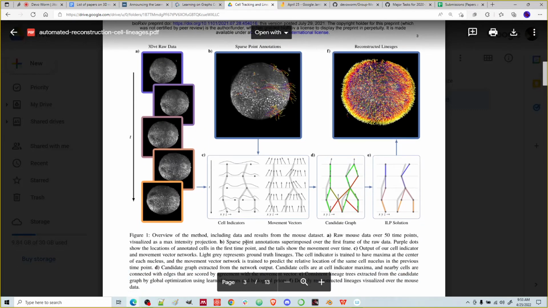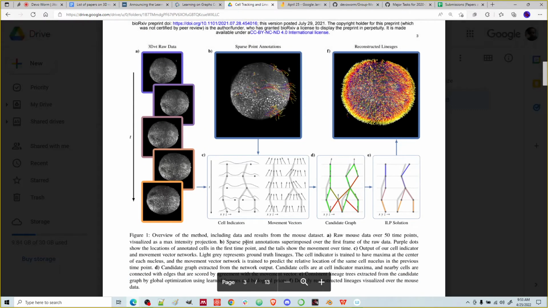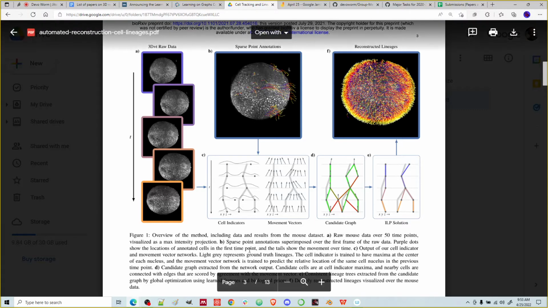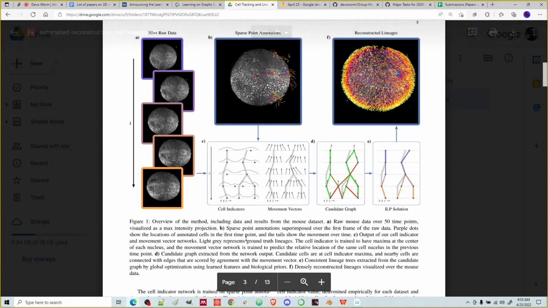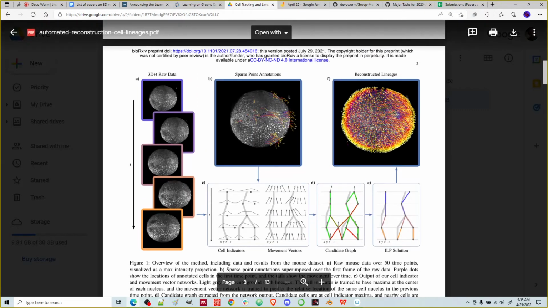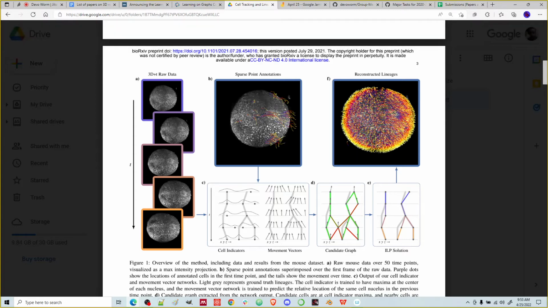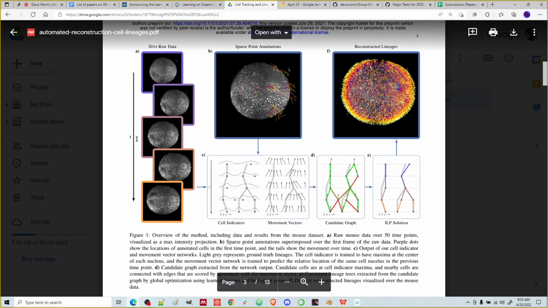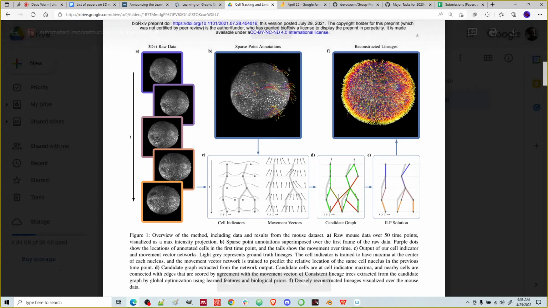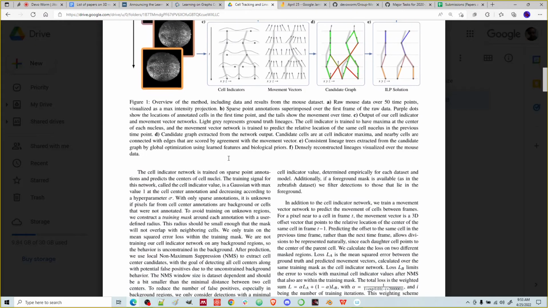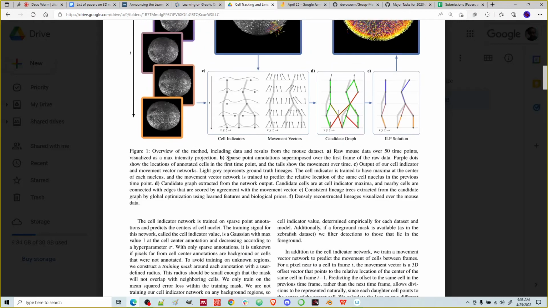Obviously the embryo is under a microscope, but I don't know how they're doing this. I think they're just using standard fluorescent markers in the cell to determine where the cell is, like something in the nucleus. But I don't know exactly if they're using anything else to mark the cells themselves.